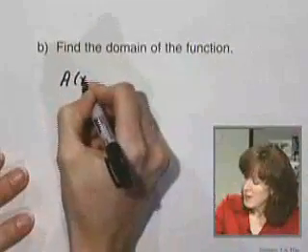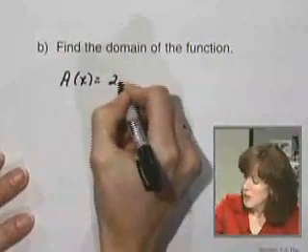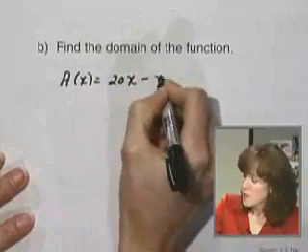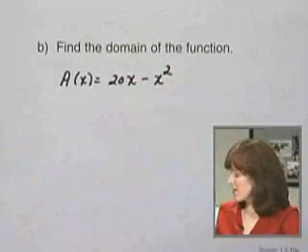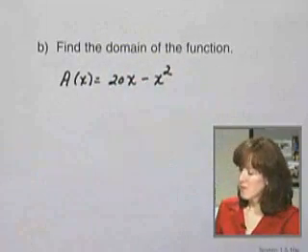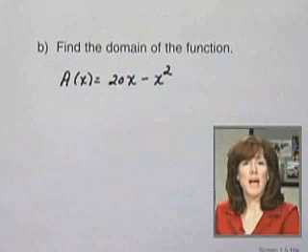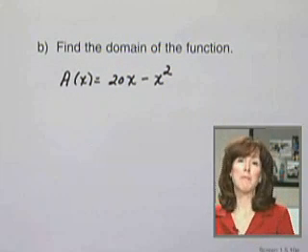Now let's find the domain of this function. What can you tell me about the values that x can take on? Since the rectangle's length must be a positive number, and we only have 20 feet of dividers, x can only be between 0 and 20. Very good. That's a nice analysis. Remember, our function was A of x equals 20x minus x squared. And as Amber says, we know that the dimensions have to be between 0 and 20.